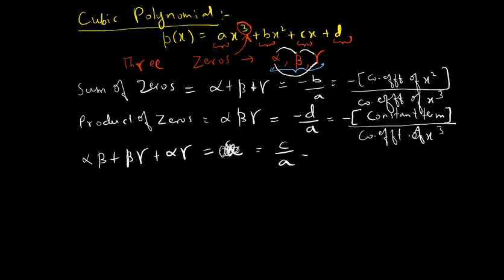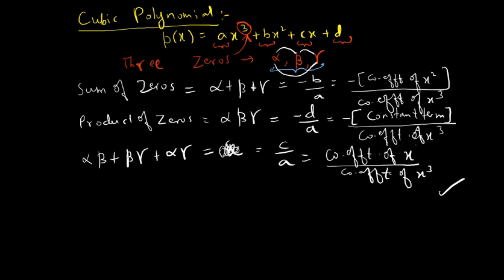Here c is the coefficient of x and a is the coefficient of x cubed. This is how we understand the three different cases arising with the three zeros alpha, beta and gamma, connected with the constants a, b, c and d. So this is the relation between zeros and coefficients of the polynomial.